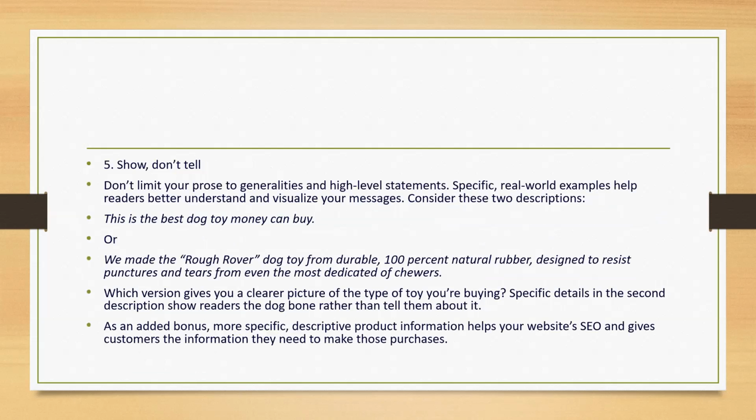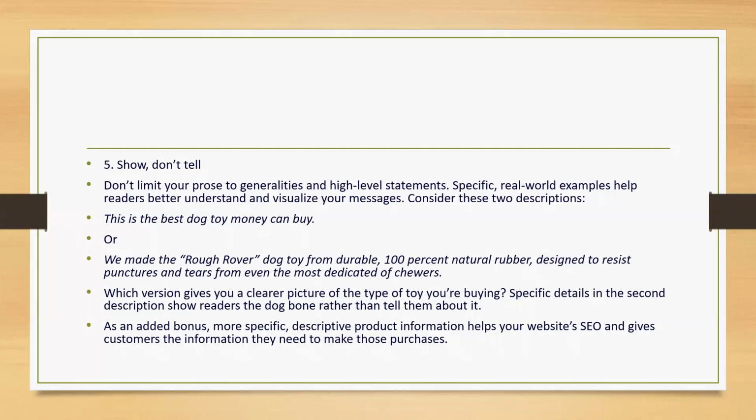Okay, show, don't tell. Don't limit your prose to generalized high-level statements; specific real world examples help readers better understand and visualize your messages. So consider these two descriptions. "This is the best dog toy money can buy," or "We made the rough rubber dog toy from durable 100% natural rubber designed to resist punctures and tears from the chewers."